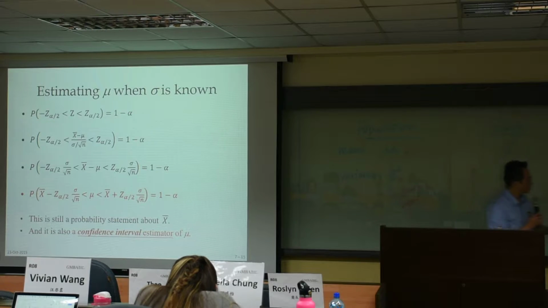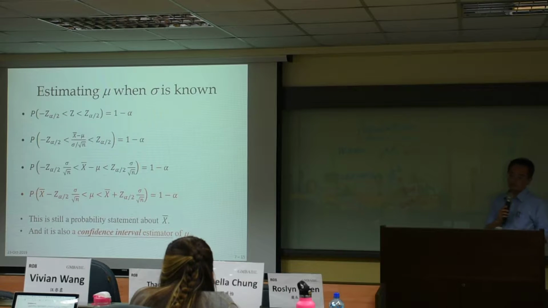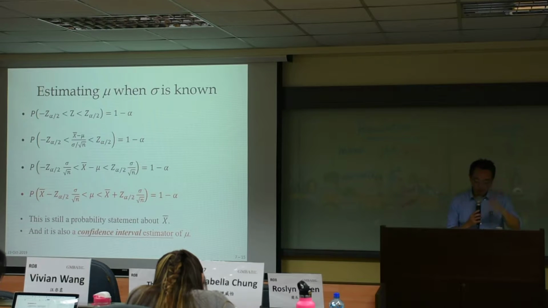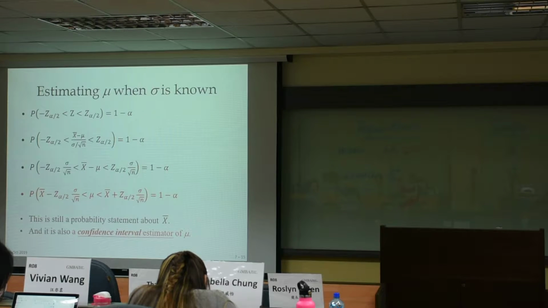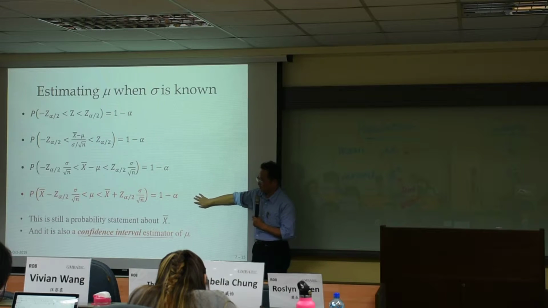And then for the last one, we just move x bar to the other side, to all three parts. In the middle we have x bar minus mu, and we prefer to keep mu in the middle, so we subtract x bar from all three and multiply by the negative sign, and we will have the red equations here.